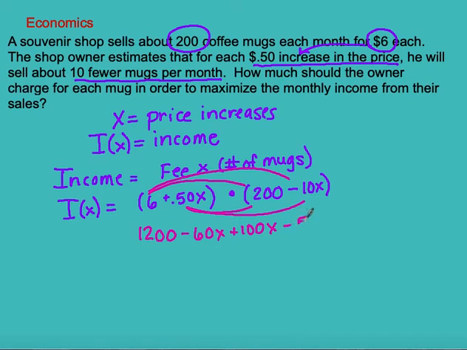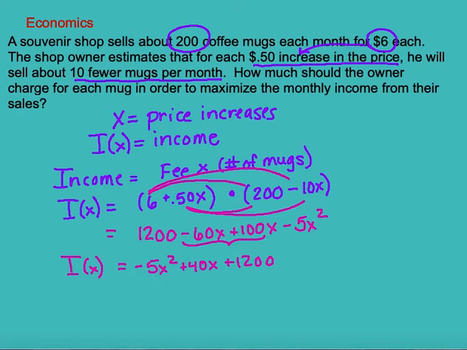That should be negative 5x squared. So cleaning this up a little bit, I'm going to combine my outers and inners there. So I'm going to end up with a negative 5x squared plus 40x plus 1200. This is going to be my function for my income based off of how many increases we're going to make.